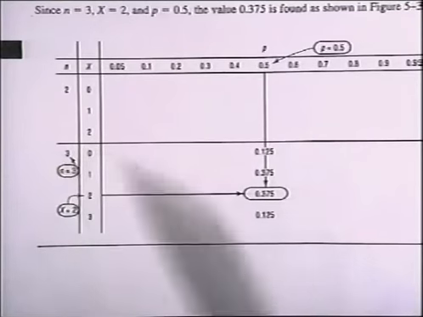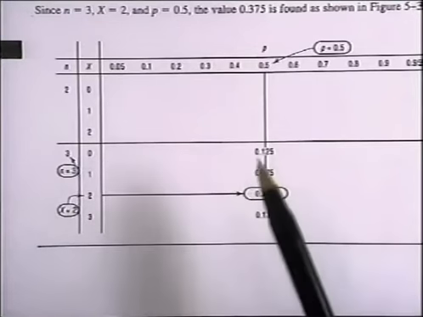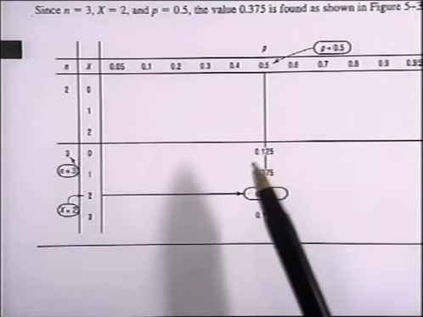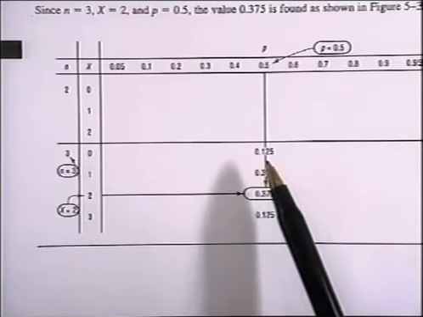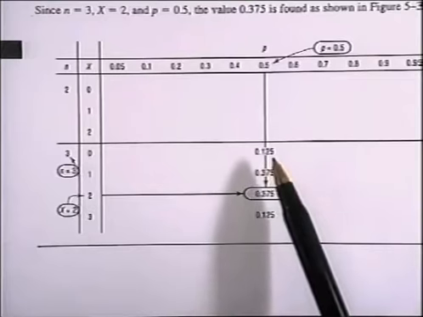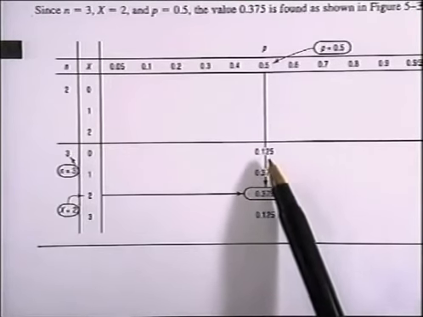So if I flipped a coin 3 times, probability of getting no heads would be 0.125, or 1/8, right? It's a 50-50 chance. A half times a half times a half is 1/8, or 0.5 times 0.5 times 0.5 gives me 0.125, right? 0.5 times 0.5 is 0.25 times 0.5 is 0.125.